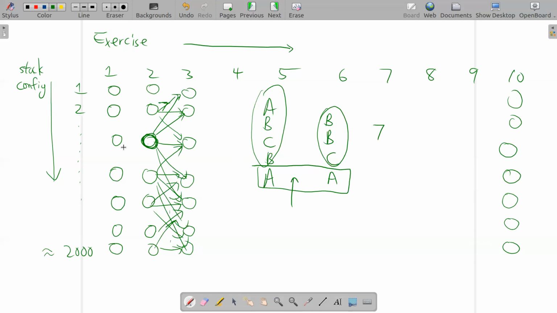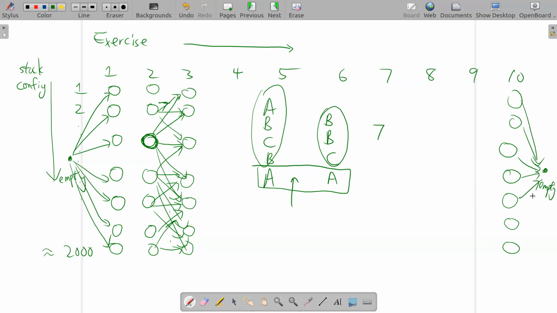Then you have an empty stack at the beginning. You figure out how to get from empty to that. It's really simple, because if you need 5 weights, then it's exactly 5. And then you also have an empty stack at the end. Same thing. And now you just run a shortest path algorithm of any kind.